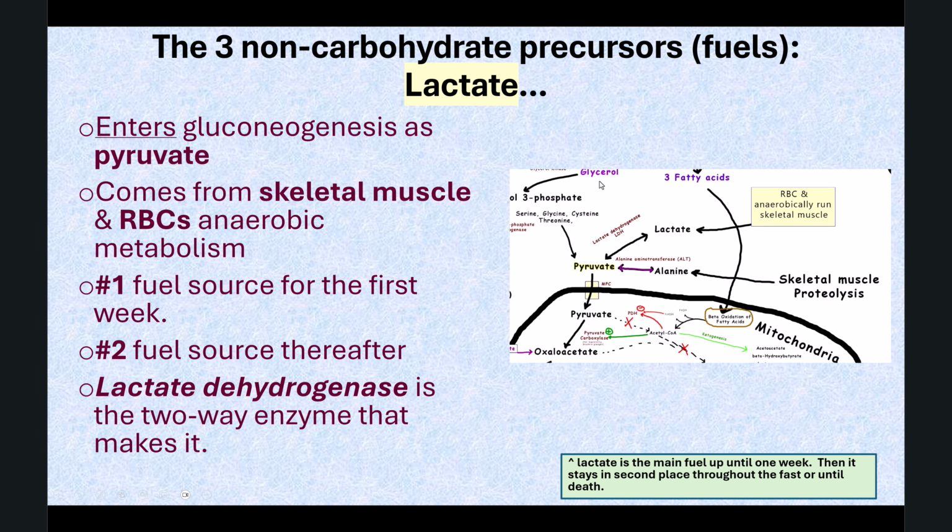But we're going to talk all the way through to the very end of the chain and go all the way through gluconeogenesis. And so lactate comes from pyruvate being converted into lactate.